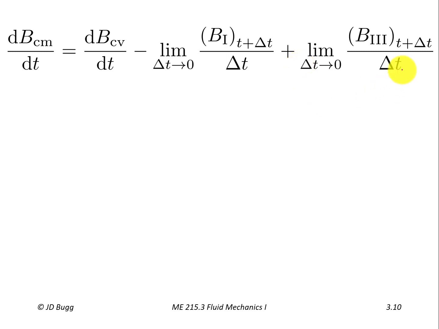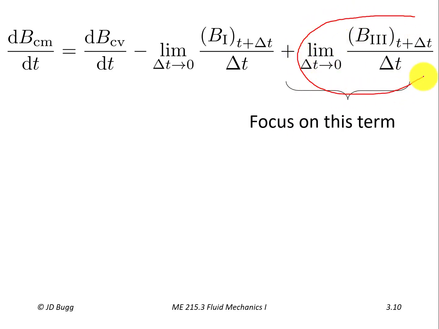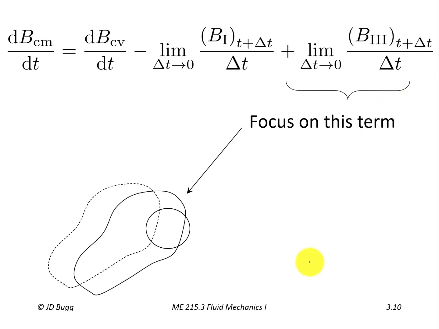In order to continue to work with these terms, we're going to focus on region 3, just as an illustration. It turns out we'll get exactly the same result if we had done region 1, but we'll focus our discussion here on region 3. So remember, region 3 is this part here. What is region 3?